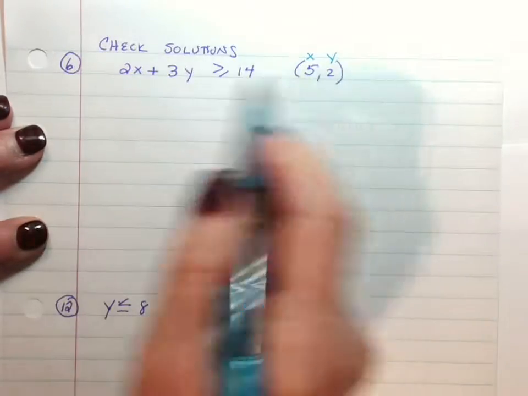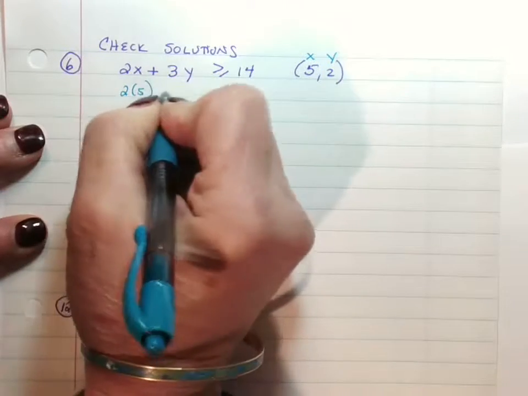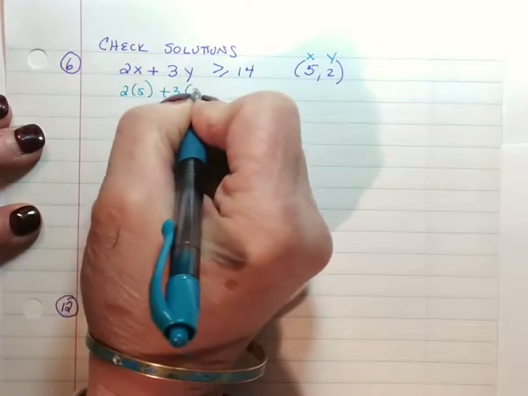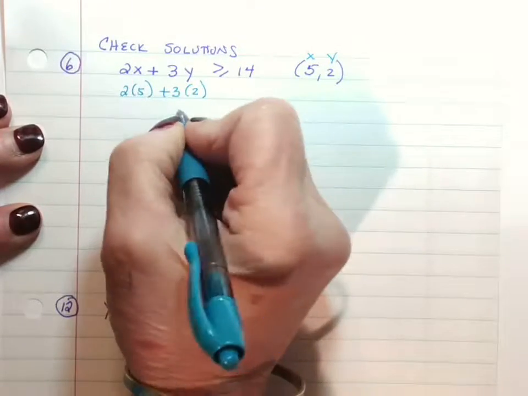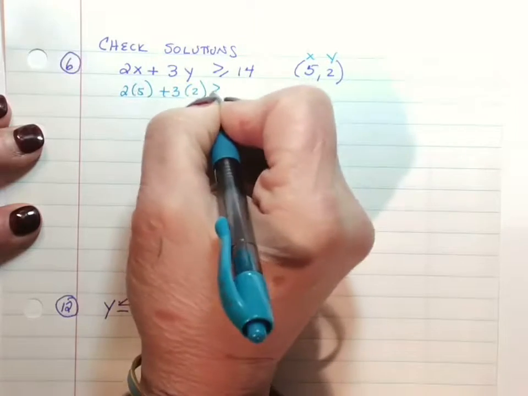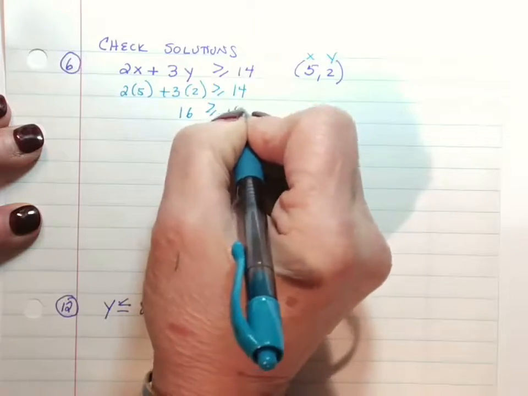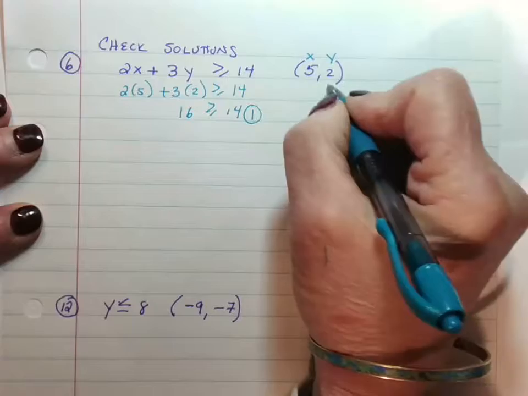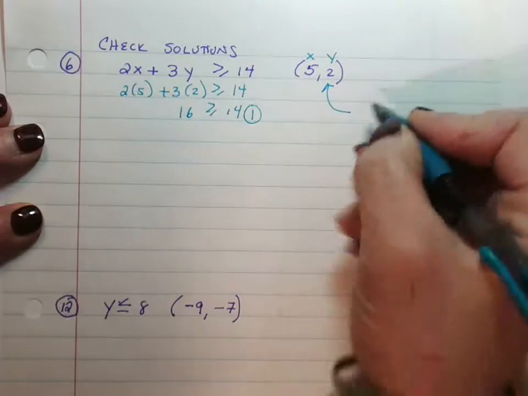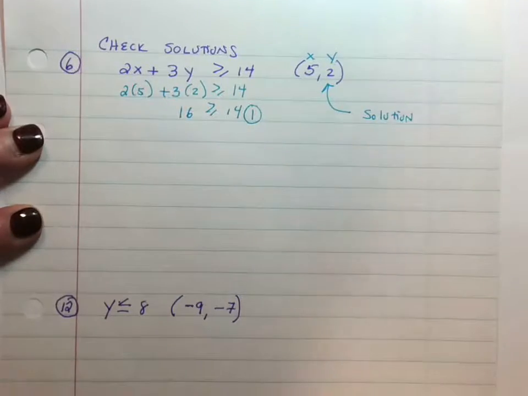You simply plug those into this equation. 2 times 5 is 10 plus 3 times 2. 10 and 6 is 16. And that is true. So this point is a solution to this inequality.